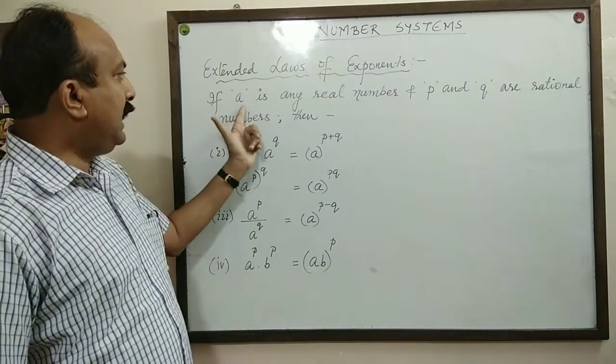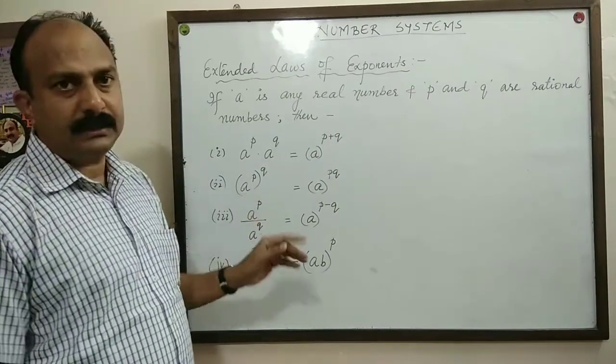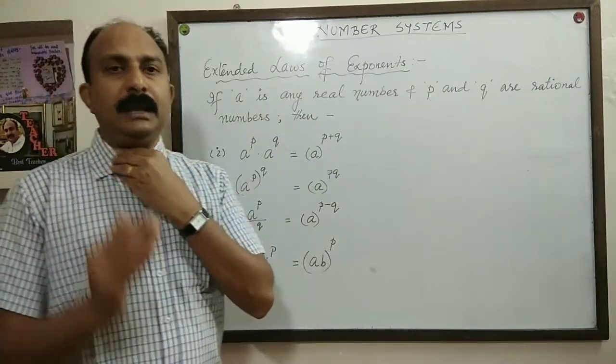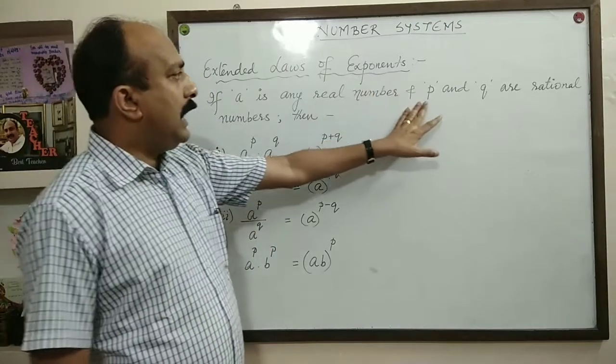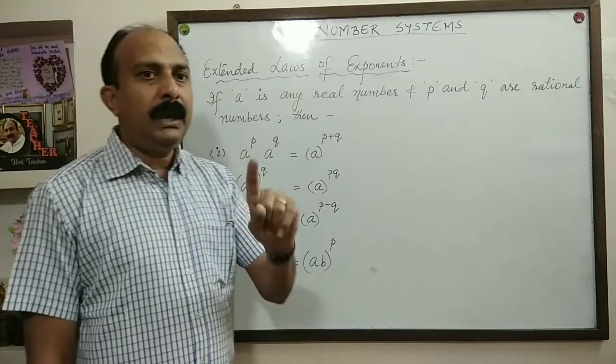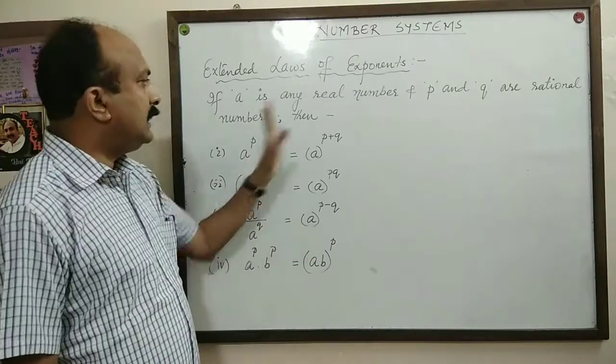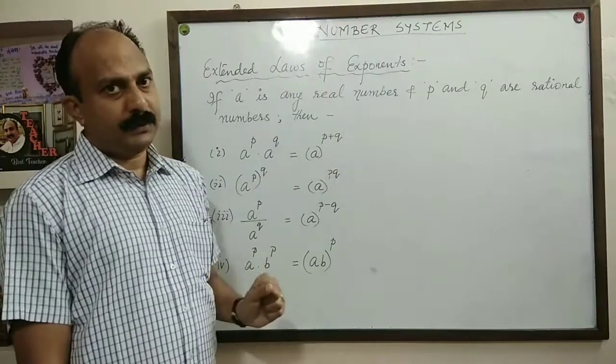If a is any real number, a means base, and p and q are rational numbers, p and q are the powers or exponents, then what are the laws of exponents?